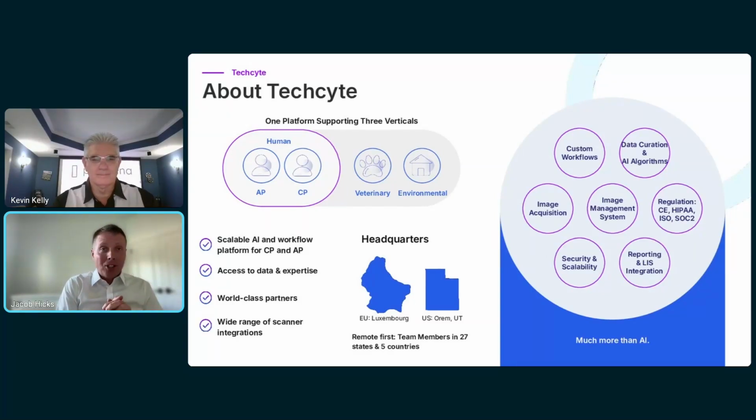But we also enable integration with the LIS and EHR. We can even enable third-party algorithms. And we are a platform that allows folks to do workflow and AI digitally across anatomic pathology and clinical pathology sample types. We are the world leader at enabling that addition across AP and CP, tissue, liquids, and cells.